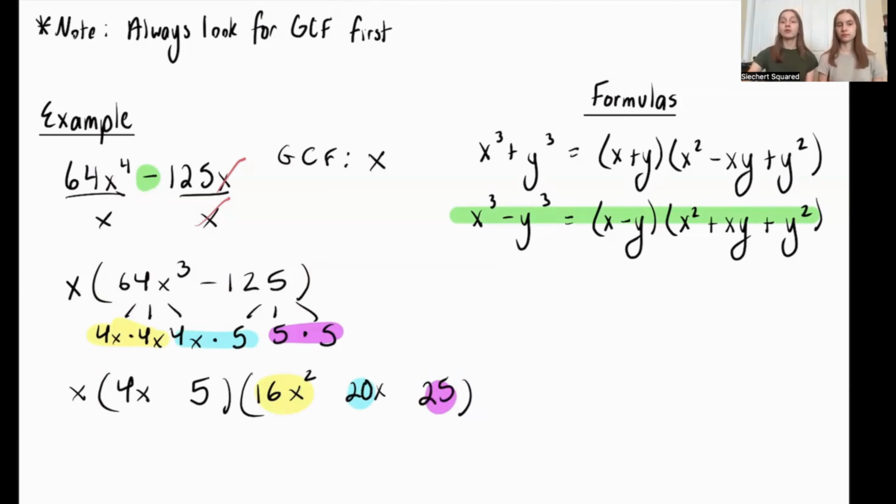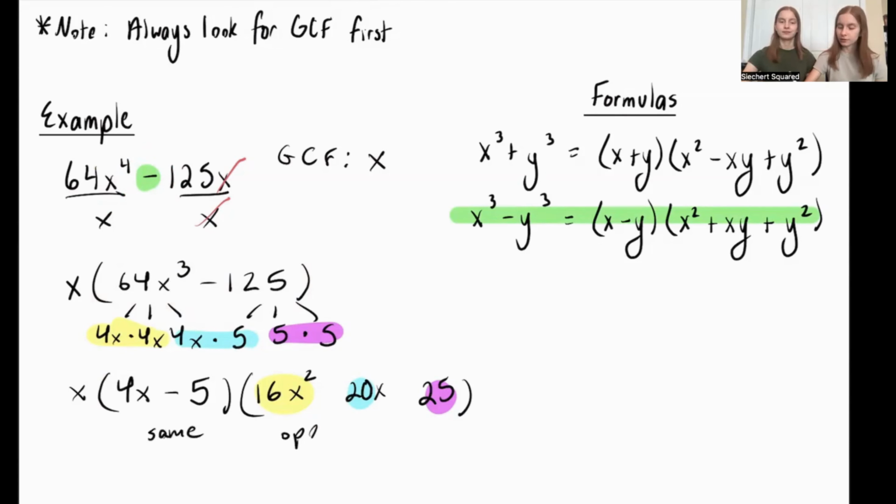So again, when we're doing this, it can be really helpful to not be worrying a lot about the pluses and minuses. Just start by filling out the parentheses with these terms, and then at the end, you can come back using SOAP to figure out the pluses and the minuses. So we're going to use that SOAP: the same, the opposites, the always positive. So we're going to have our same. Since we're starting with subtraction, our same is another subtraction sign.